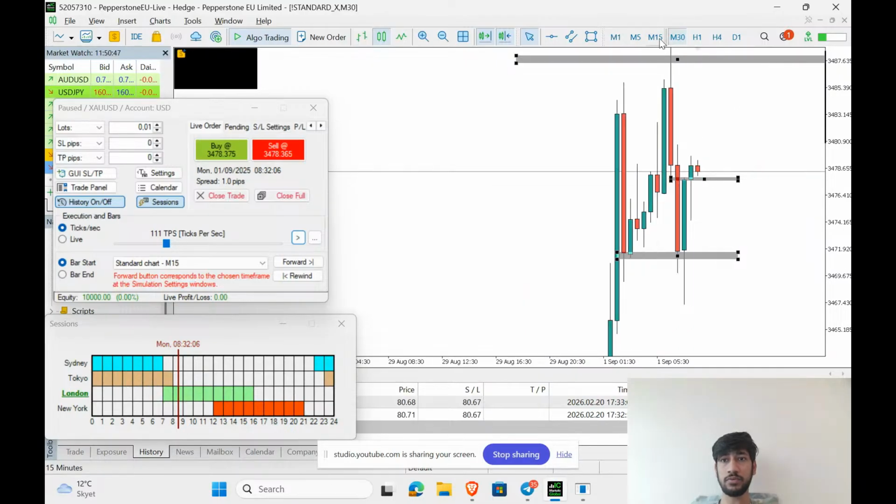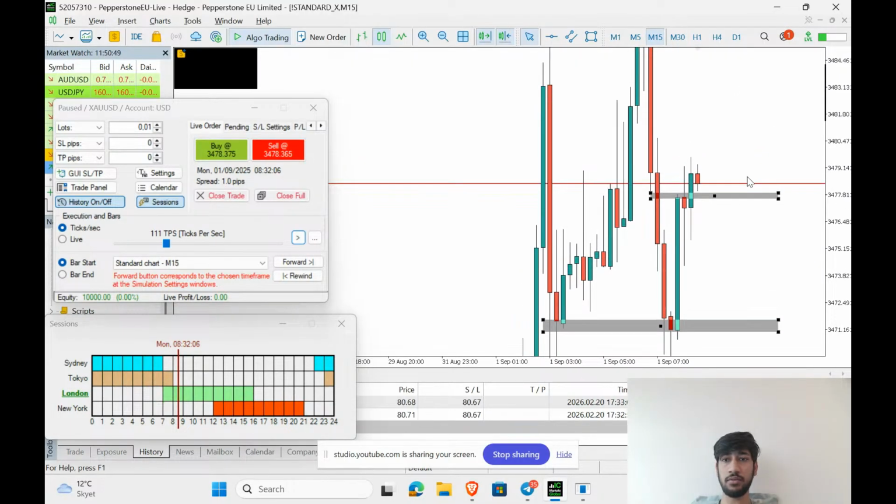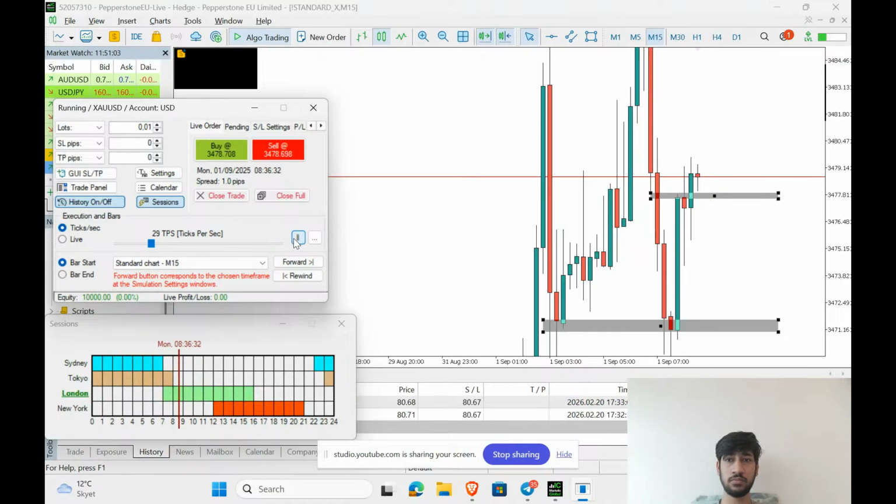H1 we're moving up. 15 minutes, so if this candle breaks down and breaks above its own high, I am very satisfied going long on this. But I don't think it will move bullish. But let's see.